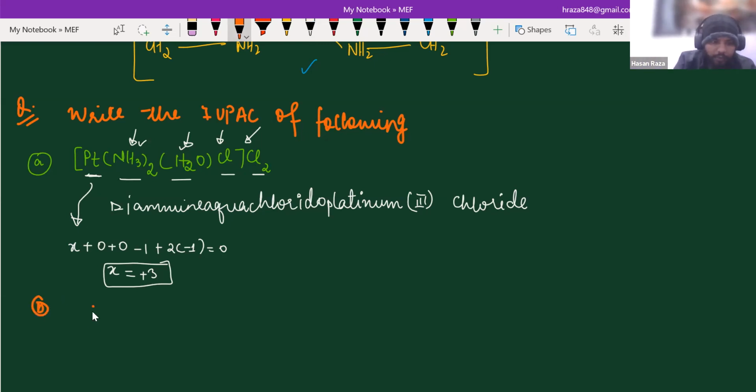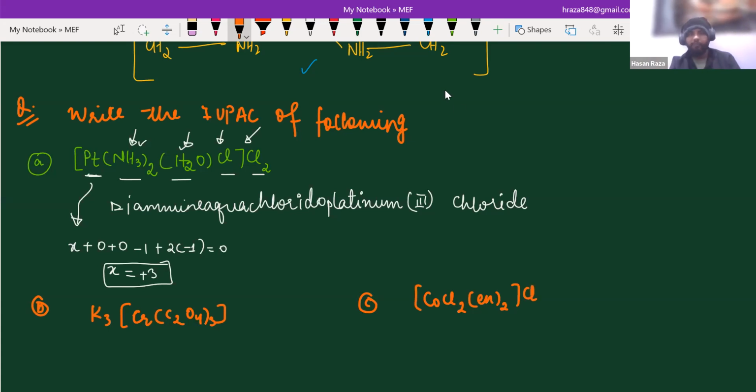Then I'm going to give you this: K3 [Cr(C2O4)3], and then [Co(Cl2)(en)2]Cl. Just write the name of these two. I'm waiting. Just let me know if you are unable to do it.